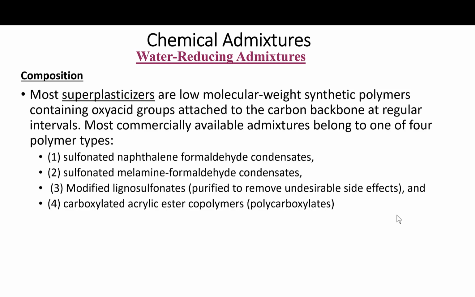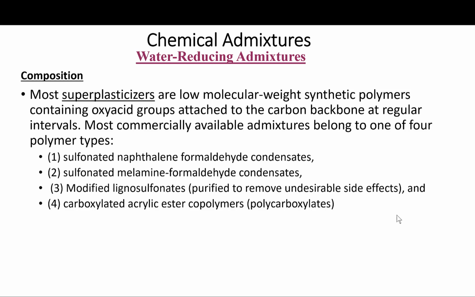In the case of superplasticizer, being bulky molecules, they provide steric repulsion as well to achieve complete dispersion. And this may be the major mechanism in the case of the polycarboxylates. These compounds have long graft side chains attached to the carbon backbone, giving the molecule a comb-like appearance, for example.